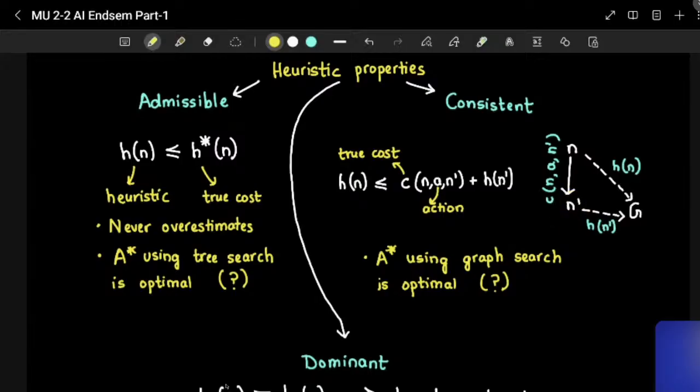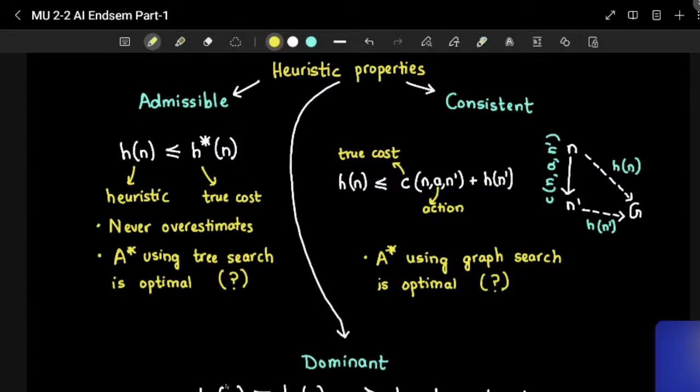What you're checking is whether the heuristic of the current node is less than or equal to the cost incurred while transitioning from node n to n prime, plus the heuristic of the new node. If you satisfy this inequality, you can say that your heuristic is consistent. Mind you, this should be true for every n prime.